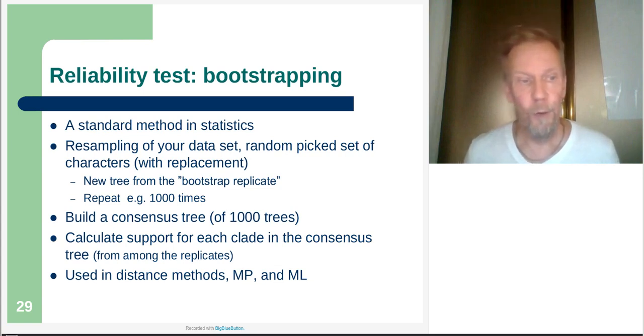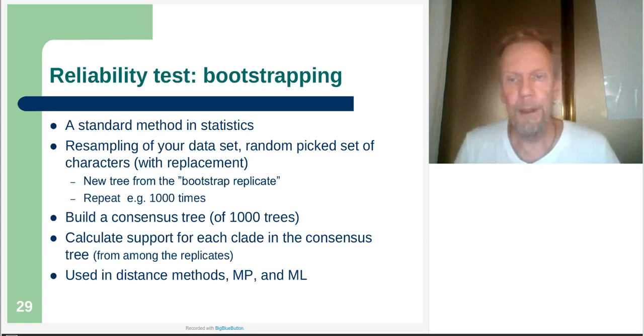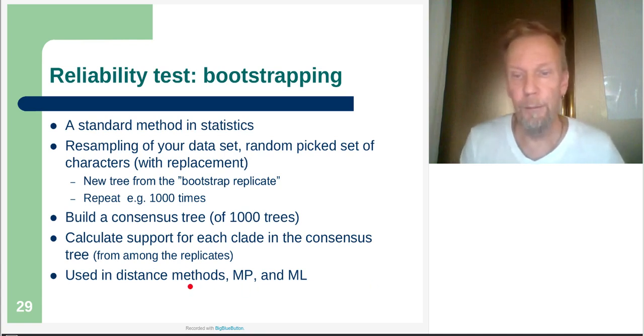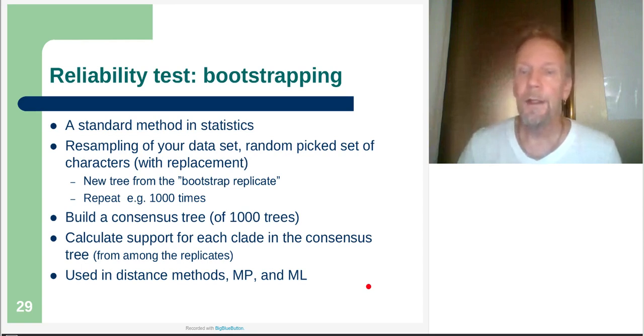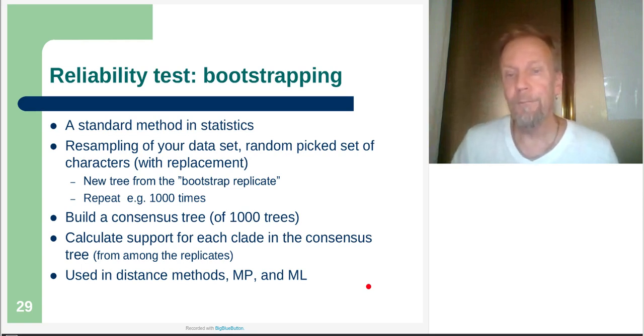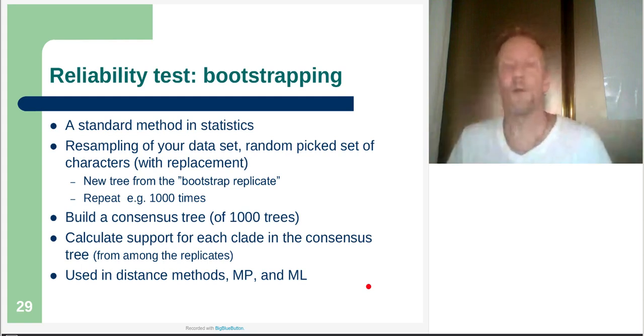And let's move to reliability testing. Bootstrapping is something you can do with the distance methods, with maximum parsimony and maximum likelihood. The idea is that you resample your data set. Let's say that you have an alignment of 100 columns.